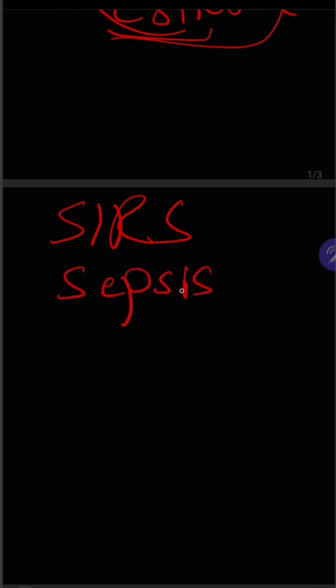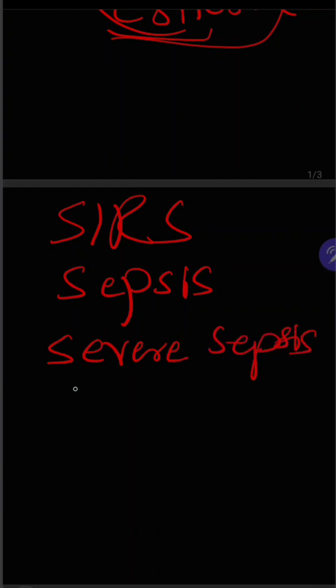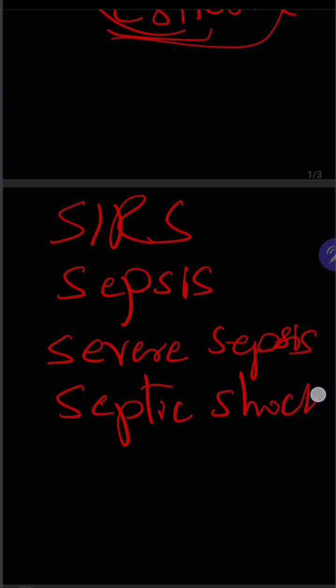So I'll just write the order here. Number 1 is SIRS criteria, and then comes sepsis, and then severe sepsis, and then septic shock, and then comes MODS. So this is the final stage.